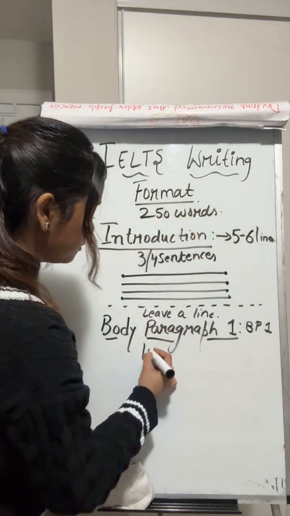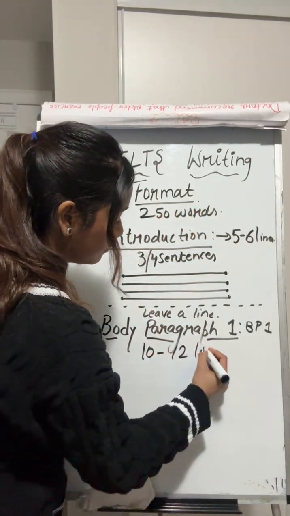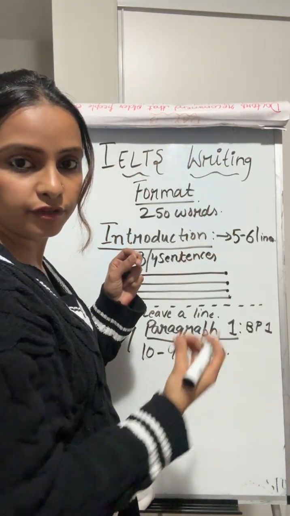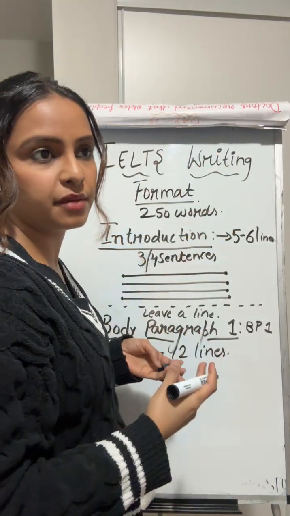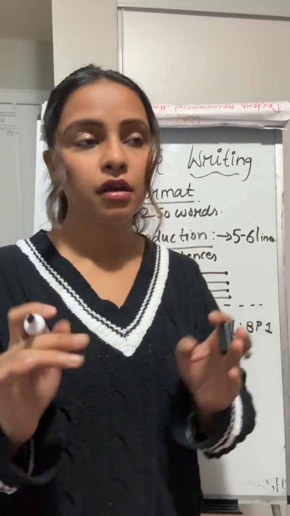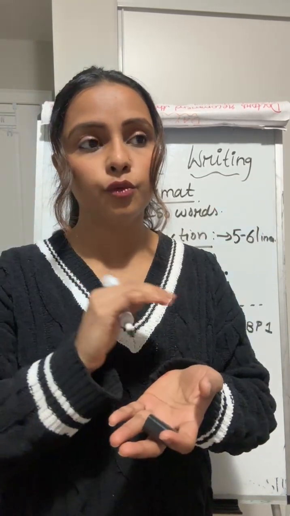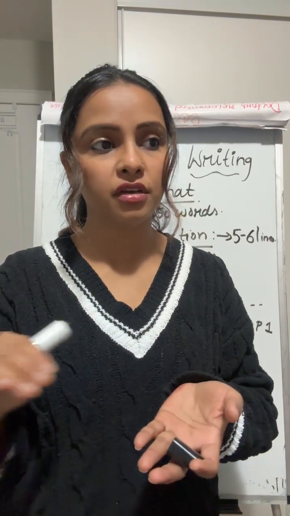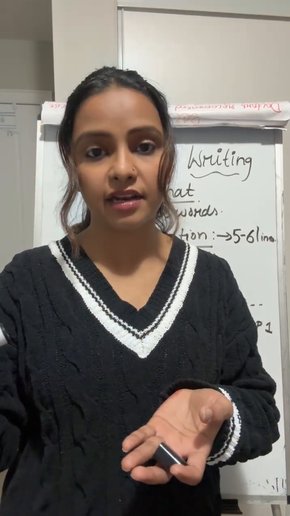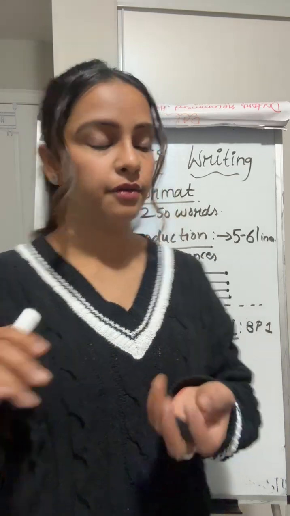So its length should be 10 to 12 lines, that means the lines of the paper or the page. Sentences can be 6, 7, 8. You have to figure out till which page or till which area your ideas are covering 10 lines or 12 lines, right?